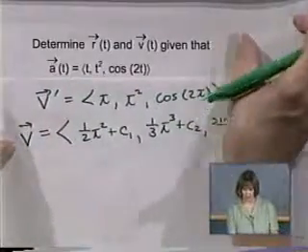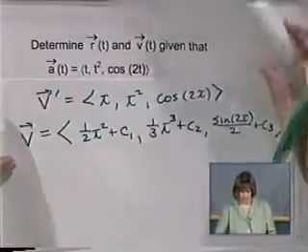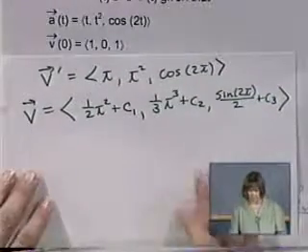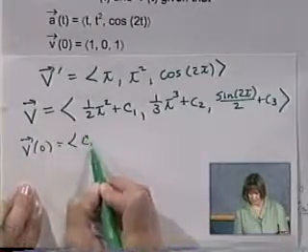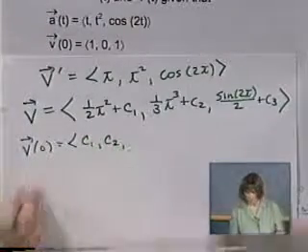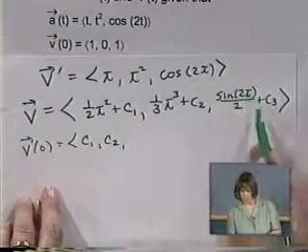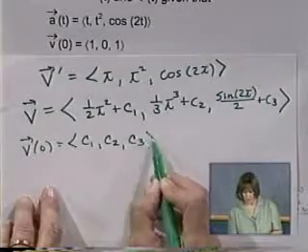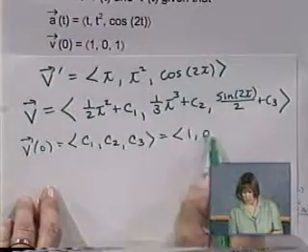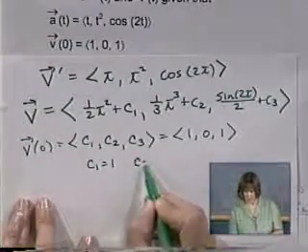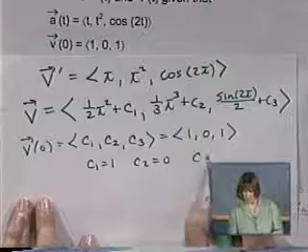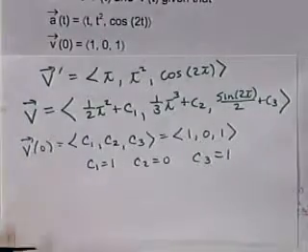Okay, now we know, though, that v of 0 is C1, C2, sine of 0 is 0, so that will be C3, is equal to the vector 1, 0, 1. So C1 is 1, C2 is 0, and C3 is 1.